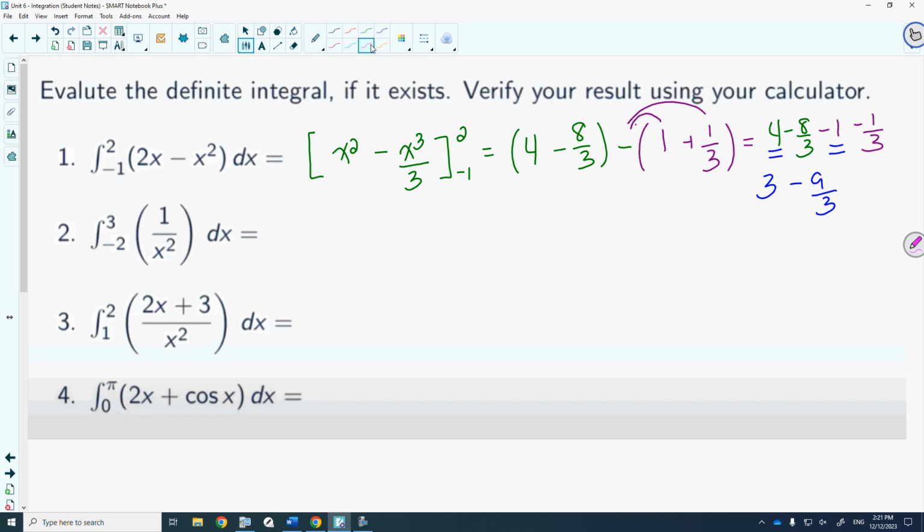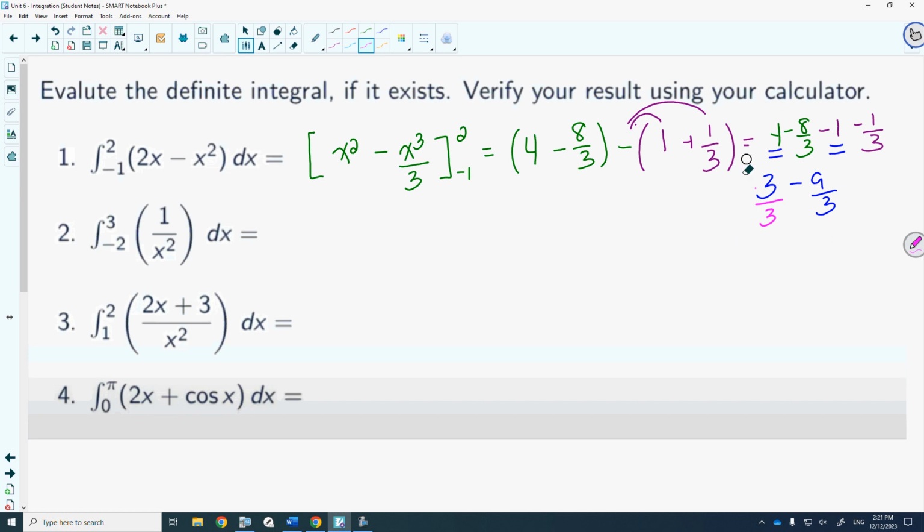And then we want to get common denominators. Wait a second. Where's the mistake? So 4 minus 8/3 minus 1 is 1/3.